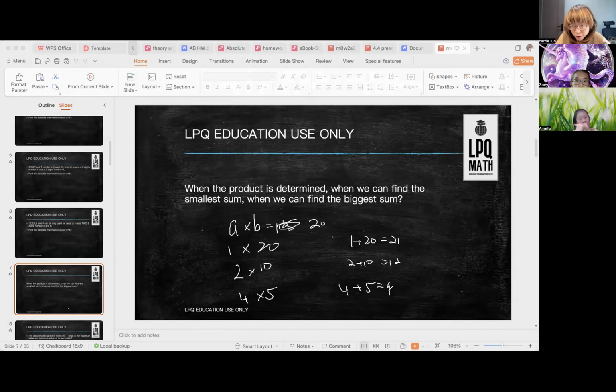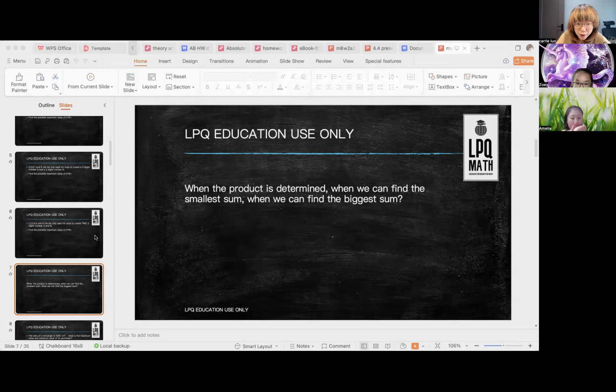Unlike the product, for the sum, Zoe, we want to make them the smaller the better in order to make the biggest product. You know the product, you want to have the biggest sum, you want to make what? The two numbers, the difference is bigger, the better. Get it, Amelia? 对不对？好了，那我们来看看啊，如果 A 乘以 B 等于 40，对不对？So it could be what?